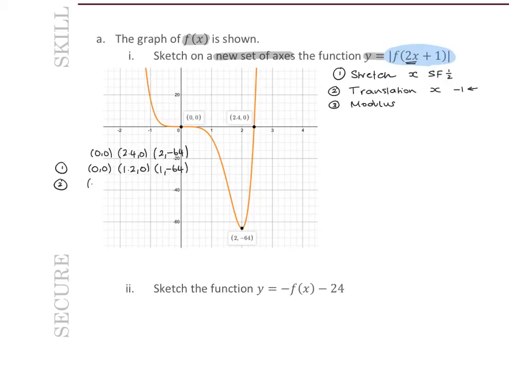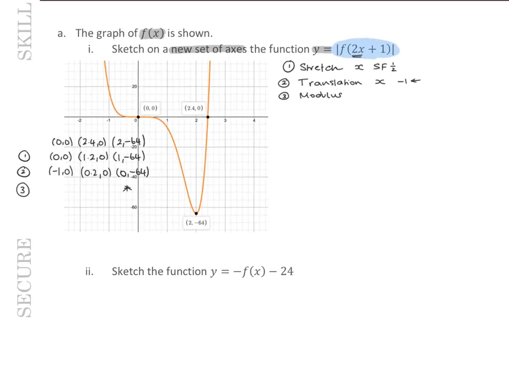So the x is all going minus 1. And then finally we have the modulus. Now the modulus we're going to look at when we have our function. But the modulus essentially just makes the y coordinates positive, so it's going to change this one.